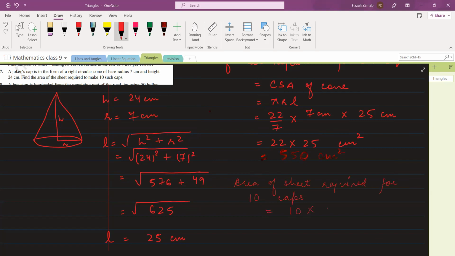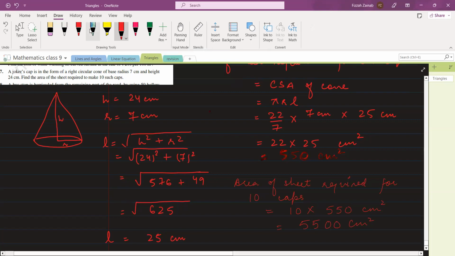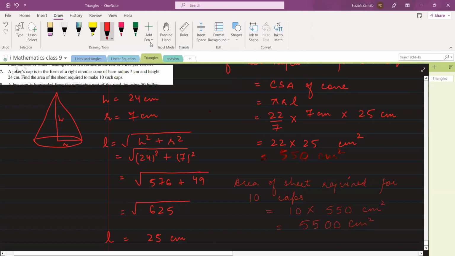So 10 into 550 centimeter square, and this gives you 5500 centimeter square. Is that clear? This is the sheet required for 10 joker caps. I hope this is clear now.